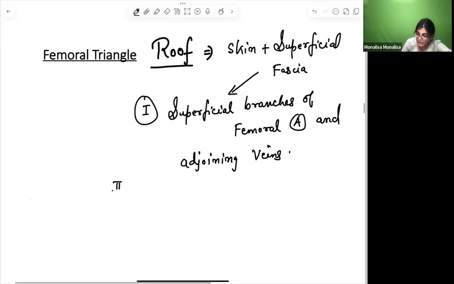This is showing superficial branches of femoral artery and adjoining vein.